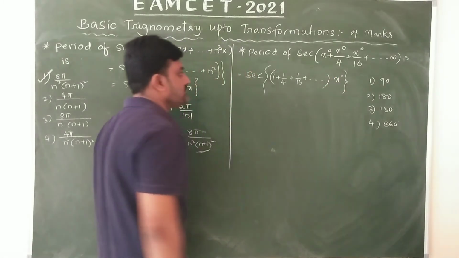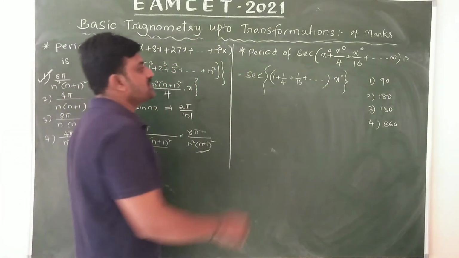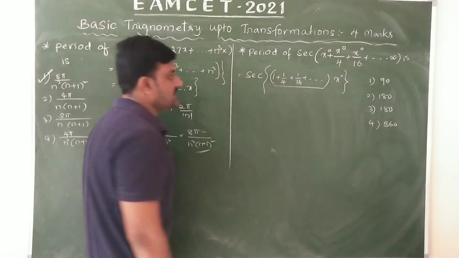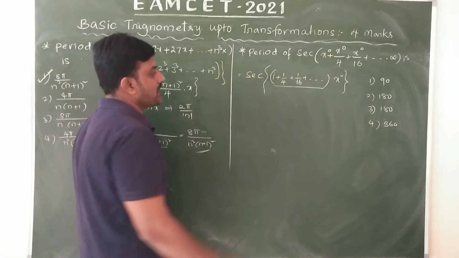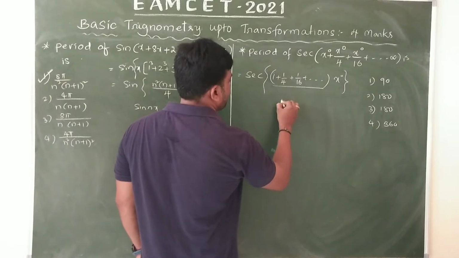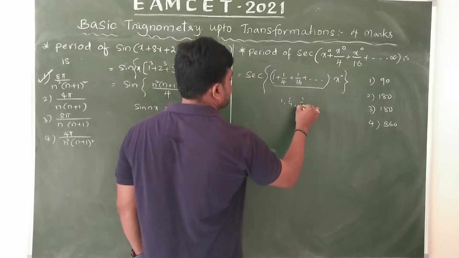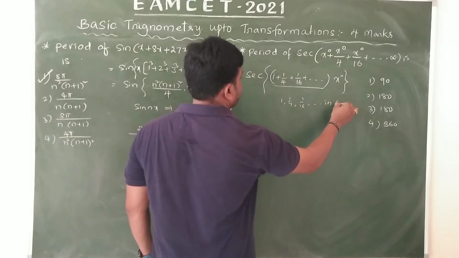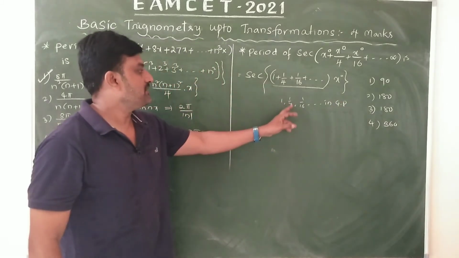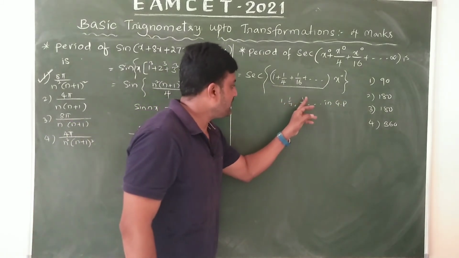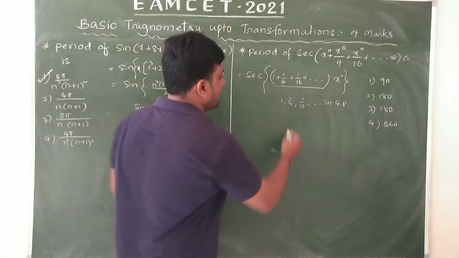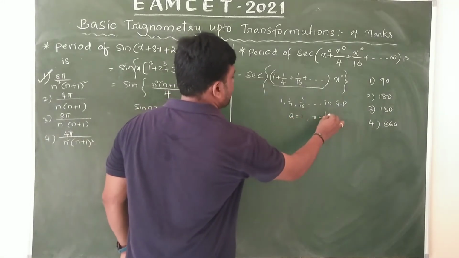Okay. Observe, this series is nothing but a GP. Yes or no? 1 by 4, 1 by 16 are in GP because 1 into 1 by 4, 1 by 4 into 1 by 4 is 1 by 16, like that. Okay. Now here a equals 1, r equals 1 by 4.